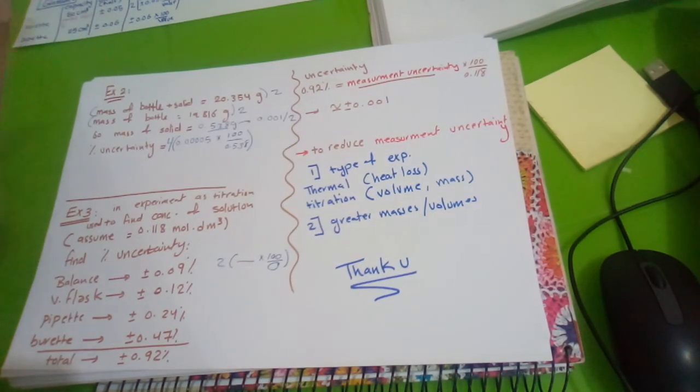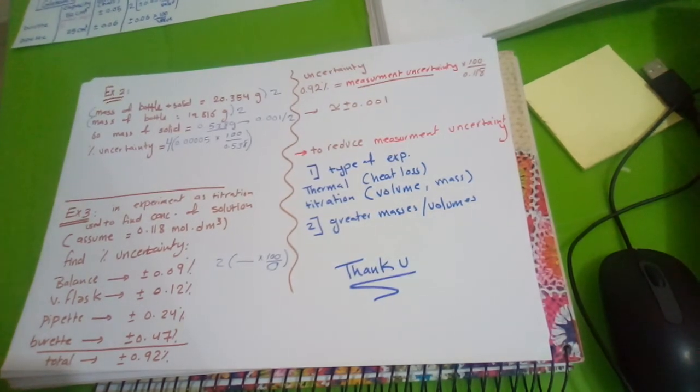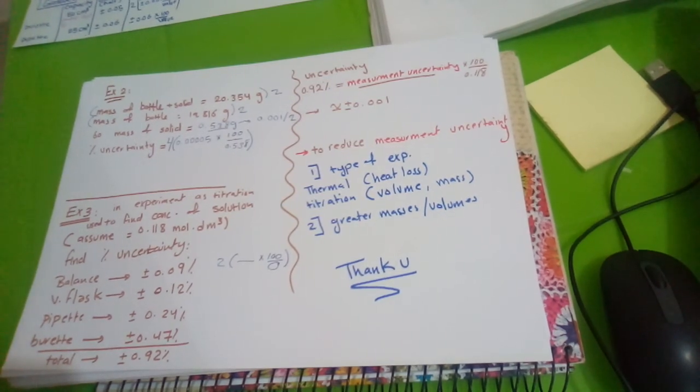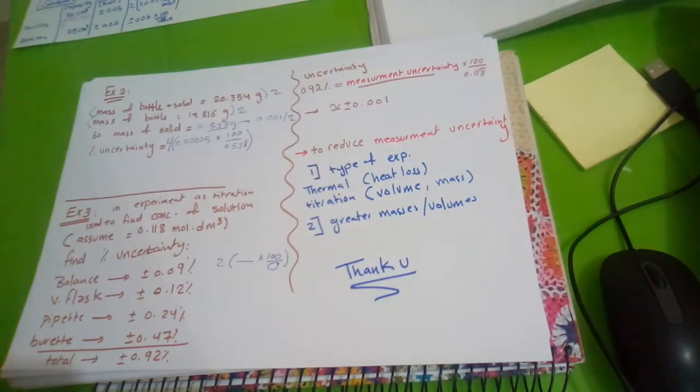Okay, now how can I reduce uncertainty inside any experiment? I have to look for the type of the experiment. If it was a thermal experiment, I need to decrease any heat loss. By decreasing this, I'm going to decrease anything that will give me a random error.